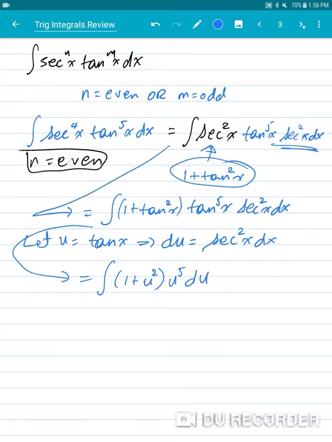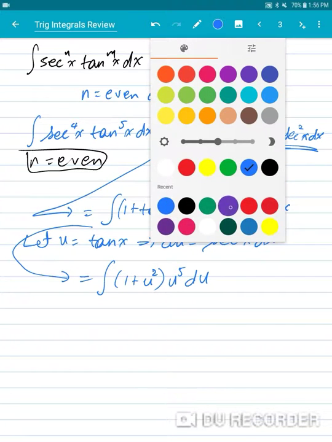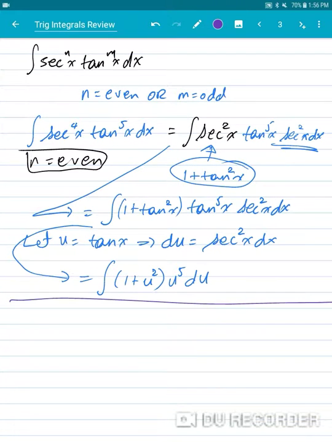A second case, looking at it differently, as in m is odd, we can apply the same approach. In this case, because m is odd, I will split 1 secant and 1 tangent.